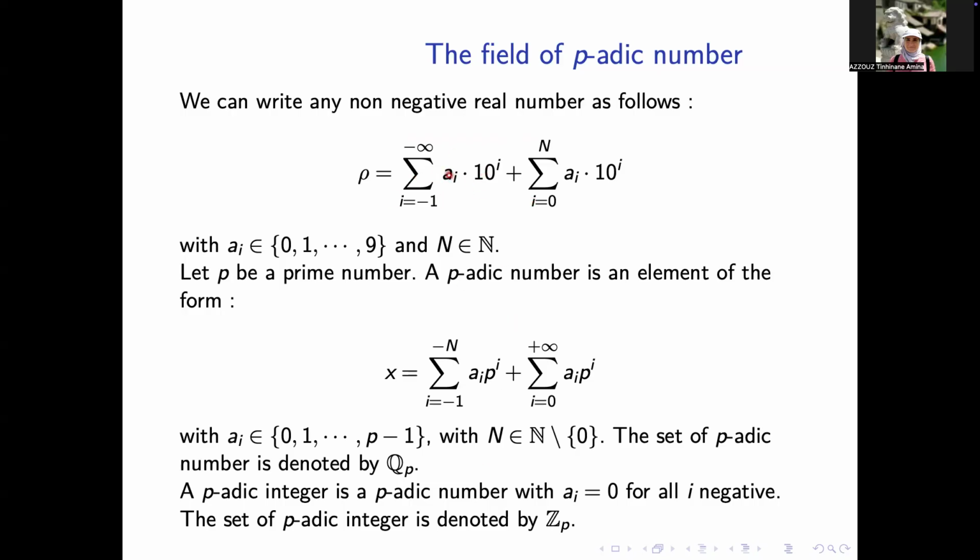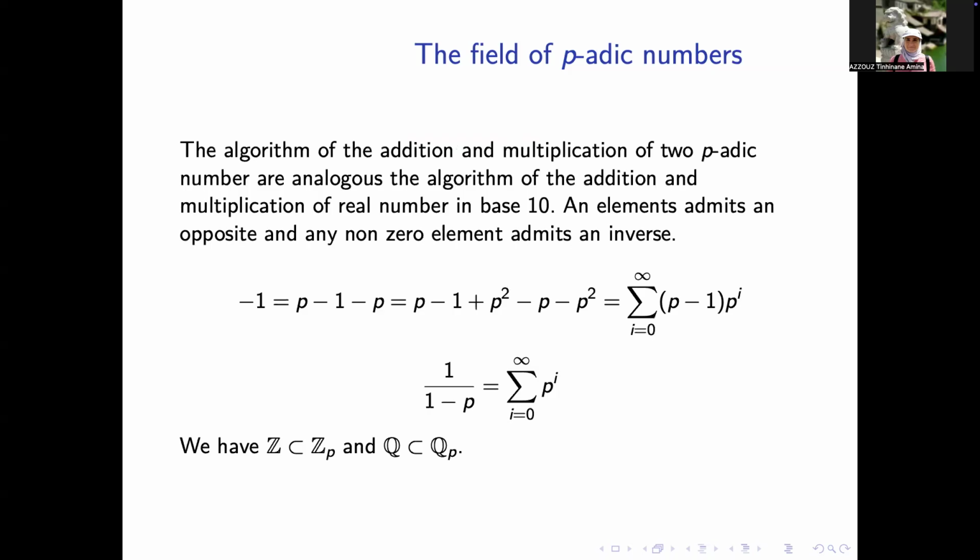When the negative-power coefficients are equal to 0, then we have integers, and we have the same idea for p-adic numbers, and we denote it by Z_p. Then the operations of addition and multiplication use the same algorithm, which means they can be defined in the same way as for real or rational numbers.